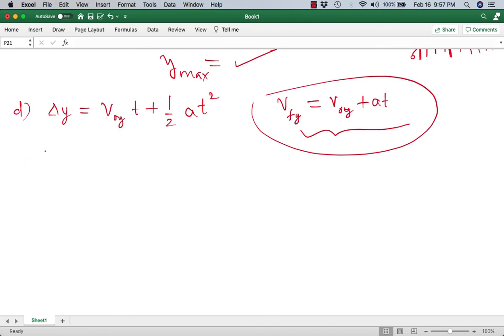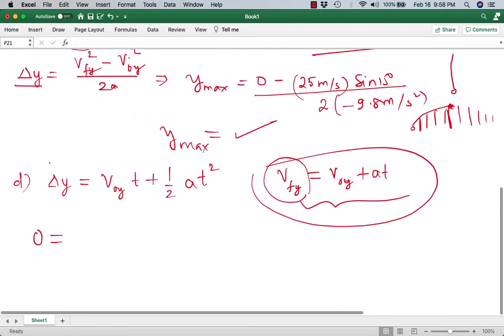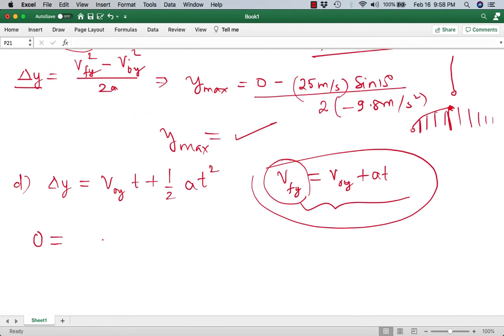So for maximum time, this thing would be 0, because this is the speed at the maximum height, so that's 0. And then V0y is the initial velocity, we already have that, which is 25 meters per second sine 15 degrees, and then that times time.